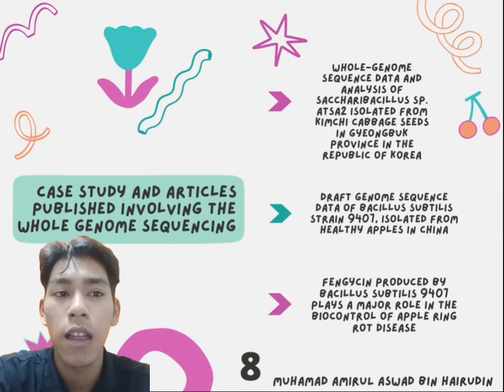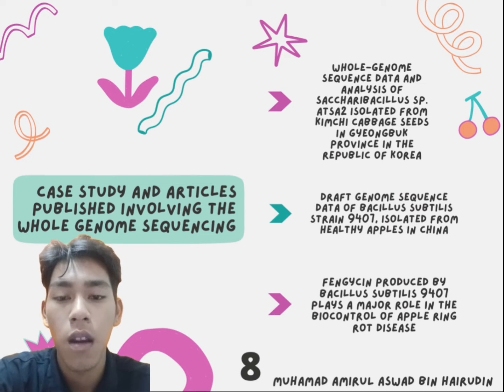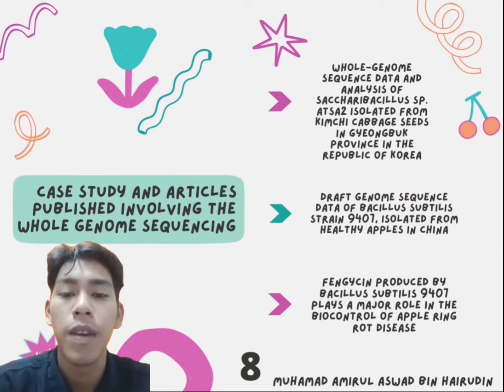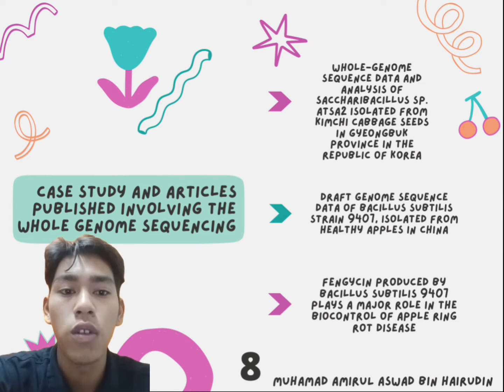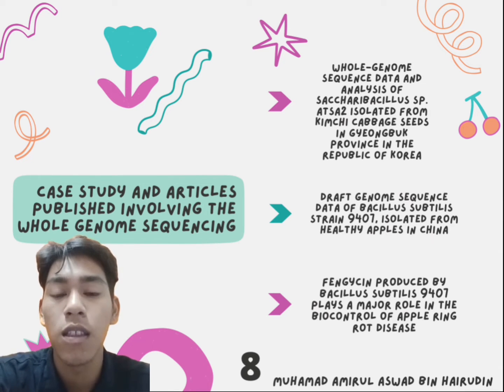The case study and articles published involve whole genome sequencing with PacBio. For the first one, the article that has been found is whole genome sequence data and analysis of Saccharibacillus sp. ATSA, isolated from kimchi cabbage seed, and it was found in Gyeongbuk province in the Republic of Korea.